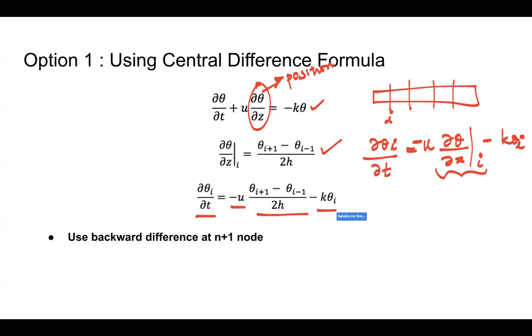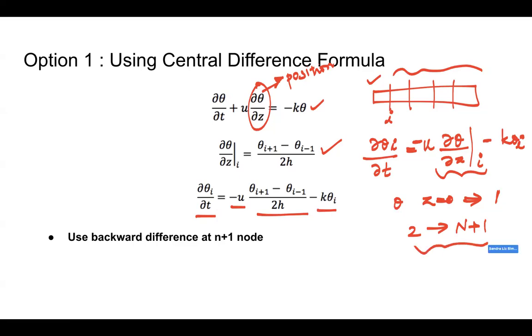Remember, for this road, you know the starting value. Theta at the starting point, that is at z equal to 0, you already know, which is 1. So you only need to solve for the rest of the portion, that is from 2 to n plus 1. 1 is already known to you. So what happens when you write this central differencing from 2 to n?